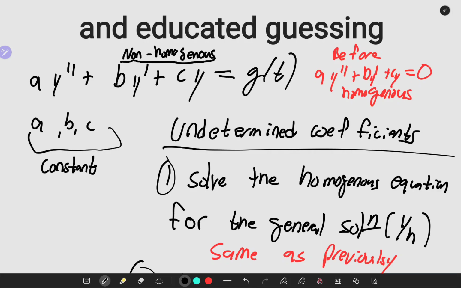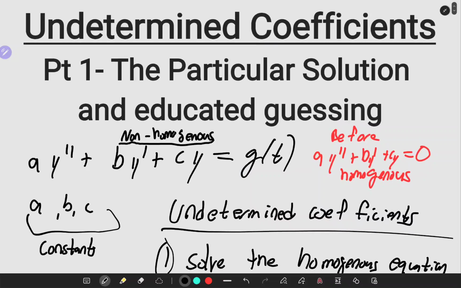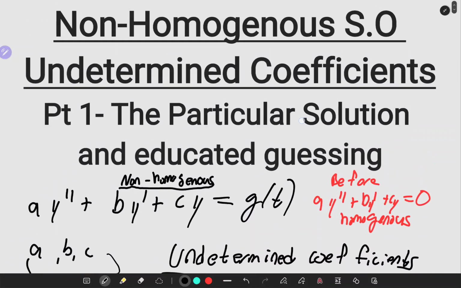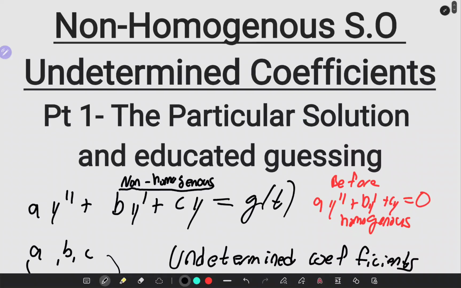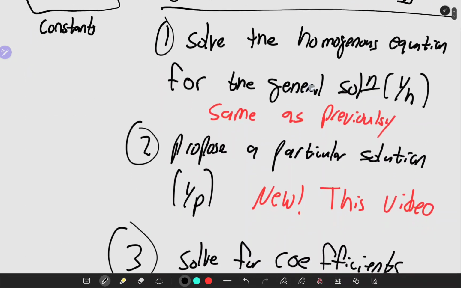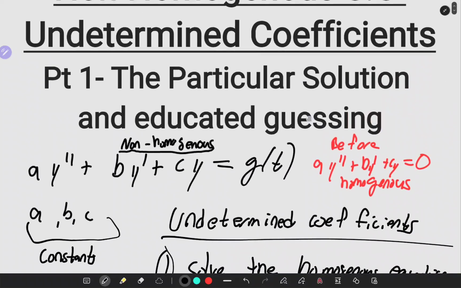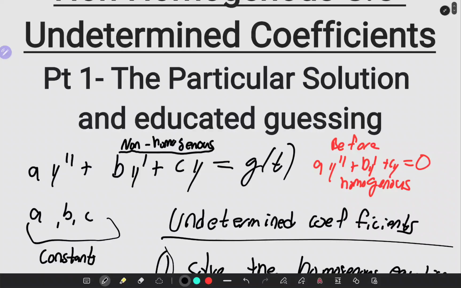Any other trig functions besides sine and cosine would be later used for variation of parameters, which is the second method for non-homogeneous equations. Undetermined coefficients is the first method, and in the next section will be variation of parameters. So undetermined coefficients only deals with sine and cosine.